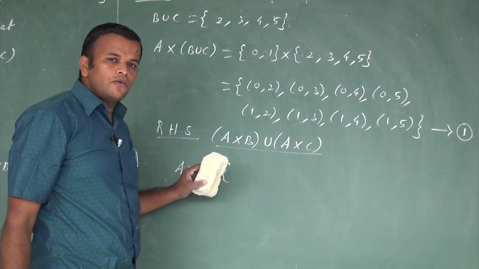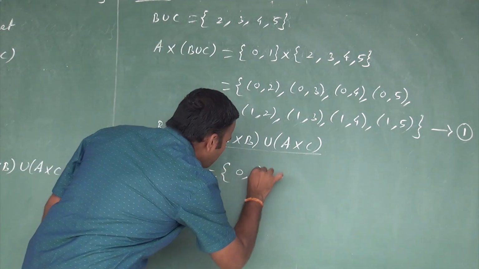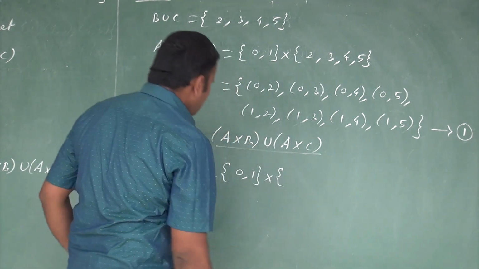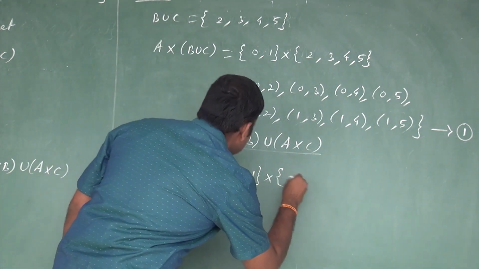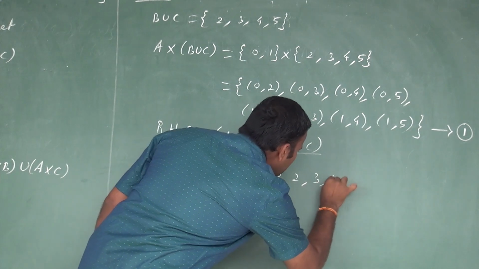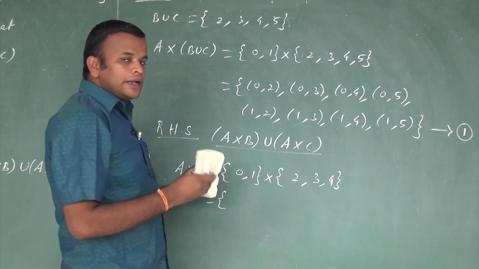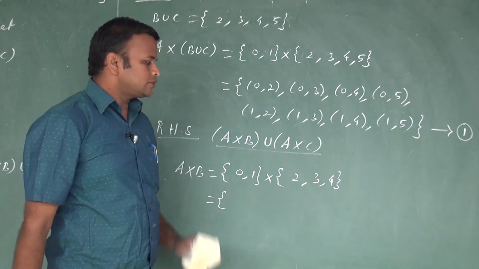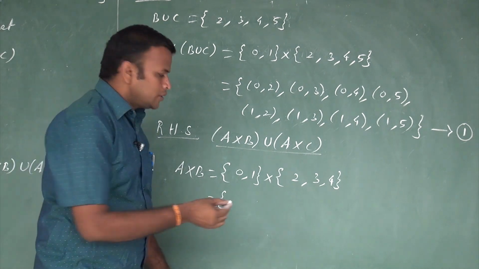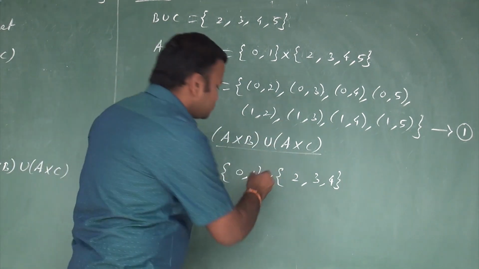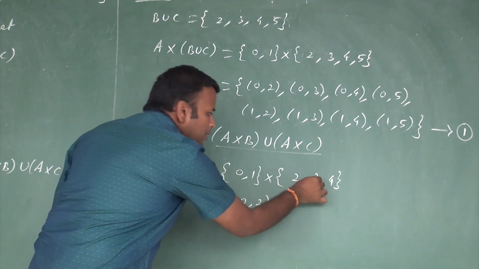What is the value of A? The value of A is 0, 1. Cross B. What are the values of B? 2, 3, 4. Now we write the Cartesian product of these two sets. What is the first possible ordered pair? 0, 2. The next one is 0, 3.